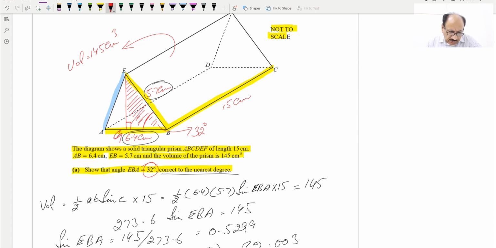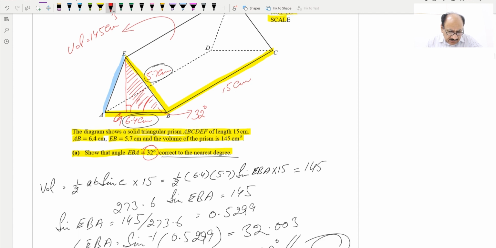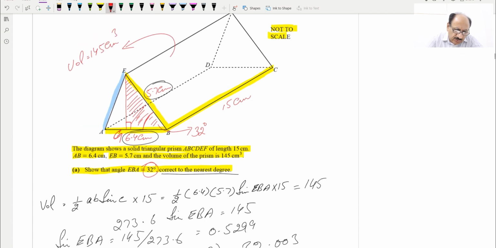so in triangle EBG, we will be taking sine, because EG we need to find, so EG over EB will be equal to sine of the angle which we already know is 32 degrees.